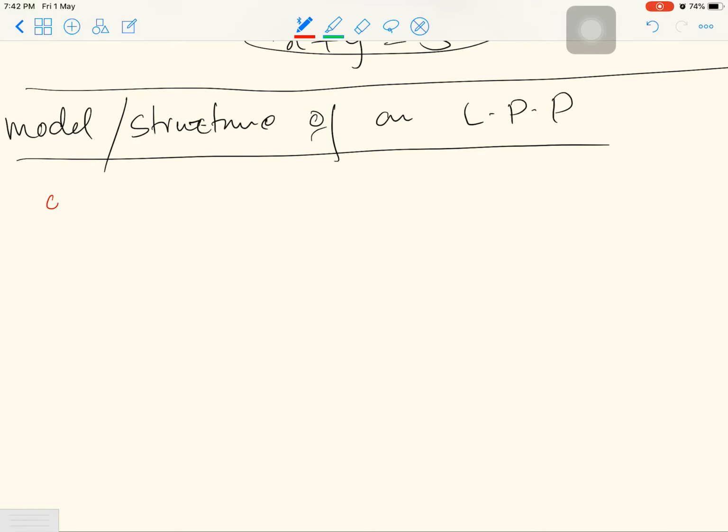So optimize, this is how an LPP would look like. Optimize, maybe maximize or minimize. I'm just writing it right now. So z equals c1x plus c2y.